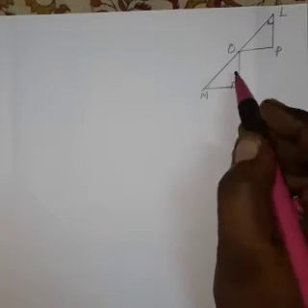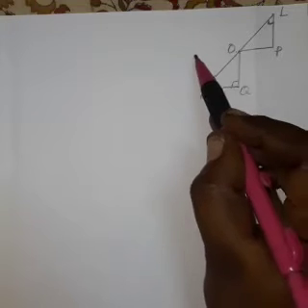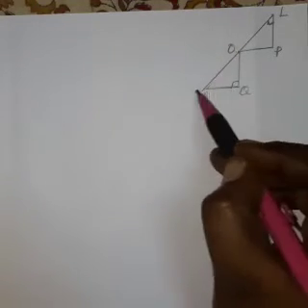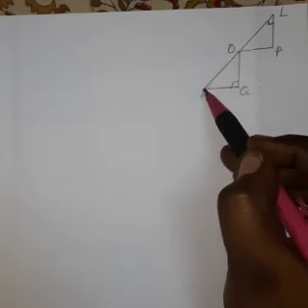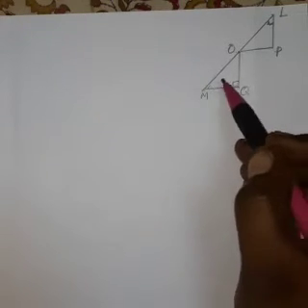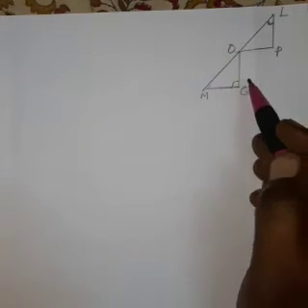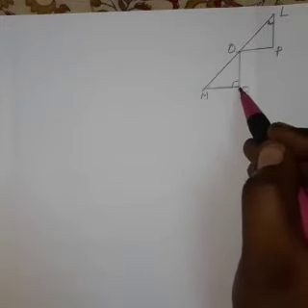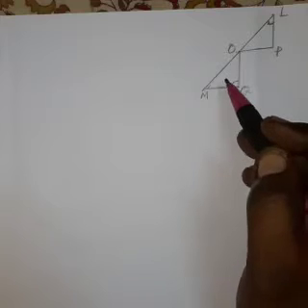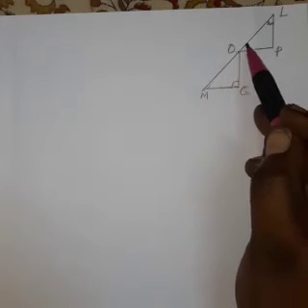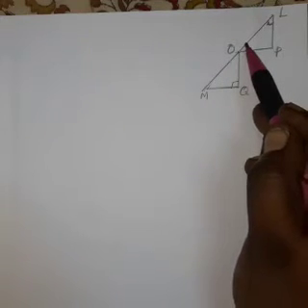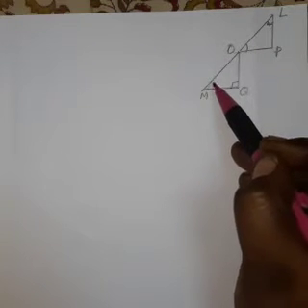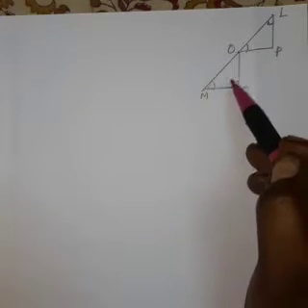Now this is the line extended. So these two lines are parallel, cut by a transversal. When lines are parallel and cut by a transversal, the corresponding angles are equal. We know that. The corresponding angles mean this angle is equal to this angle. Are you clear?